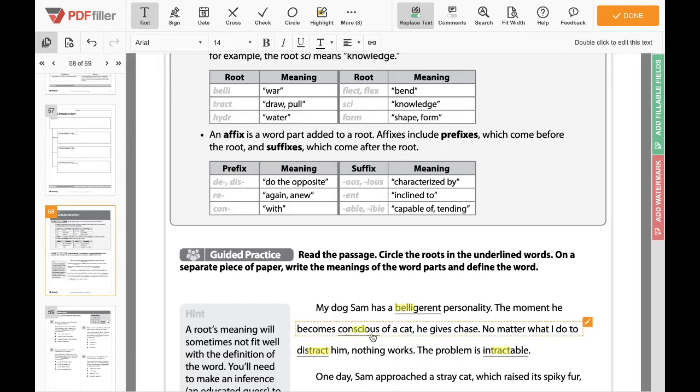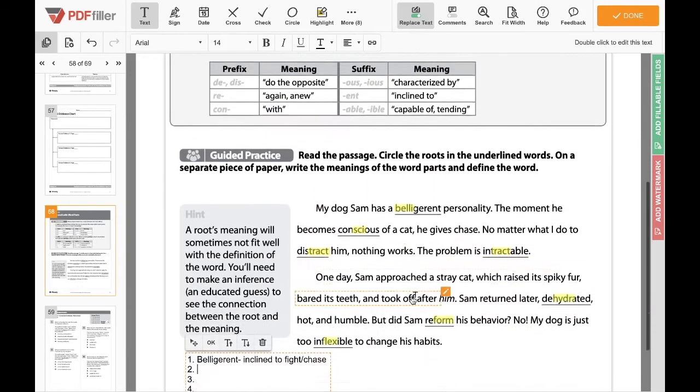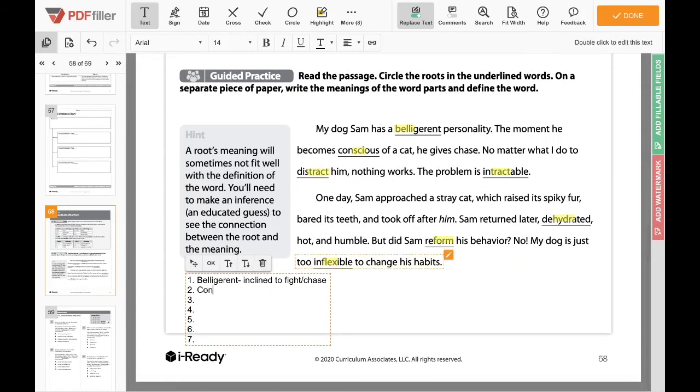So he becomes aware of the fact that a cat's around him. So he has knowledge of the fact that he is with or around something, right? So that's kind of how we get to that. So we have conscious, I need to spell it right, which means we're aware of the surroundings.